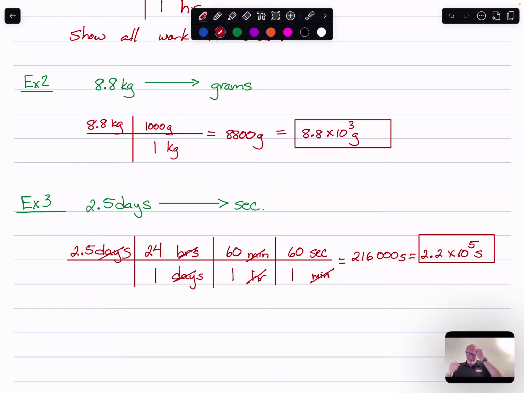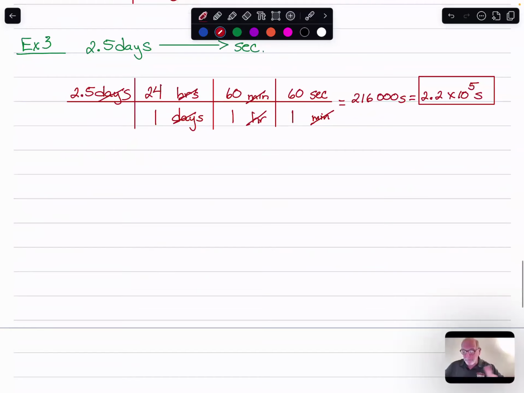Okay. So one more multi-step where we're combining units together. And this one's a really good problem. It's going to combine both distance and time. So here's example 4.